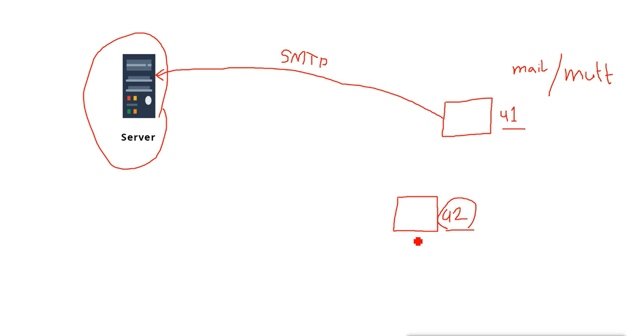So when it checks the mails, it gets the mail from the server by using NIS, NFS or whatever service is used to load the profile files. It is not receiving the mail here, it is actually accessing the mail from the server.